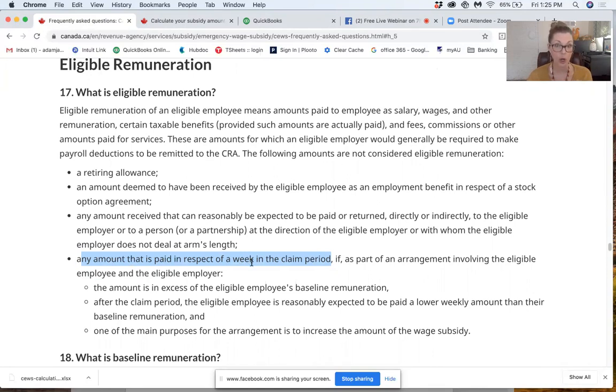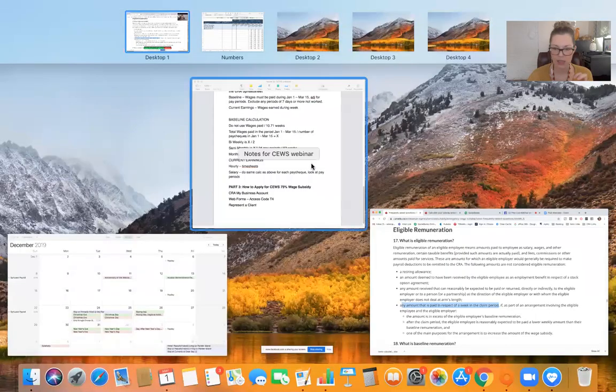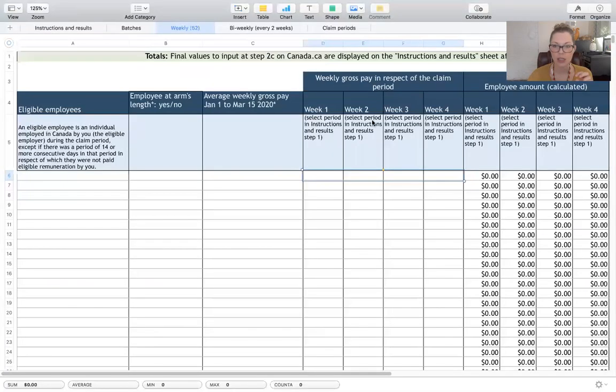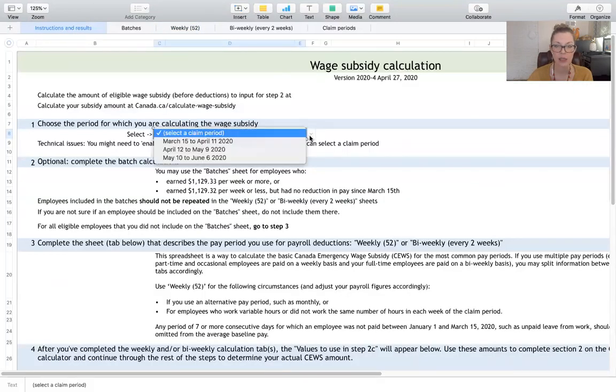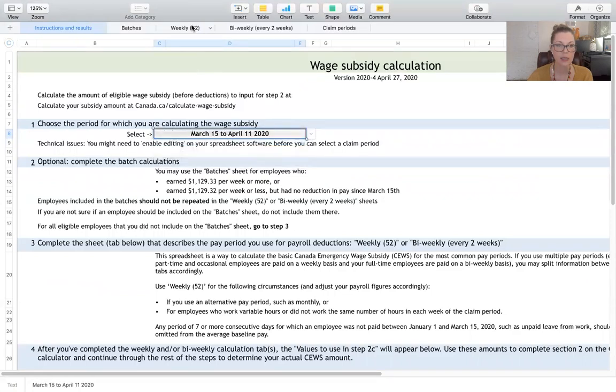So that wording, in respect of a week, leads us to believe that we are supposed to use these pay periods on the sheet as far as when the wages were actually earned, not when they were paid. So if I am working during the week of, okay, and the first thing I need to do is select this so that those dates get populated.